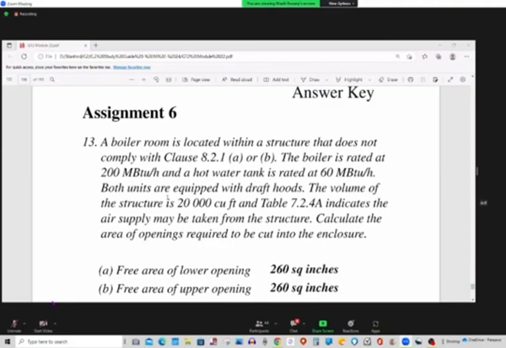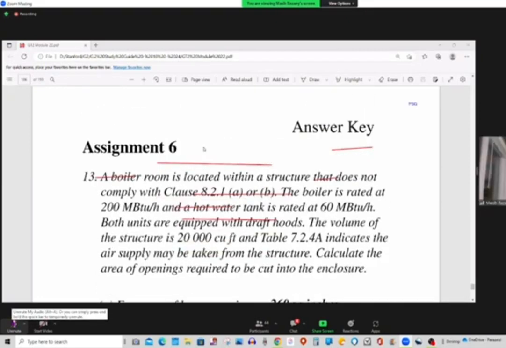Okay, so let's go from the top. Mr. Arif, first, it said the structure doesn't comply, right? What does it mean? It's a loose house. In the loose house, which table do we go to? 8.3.